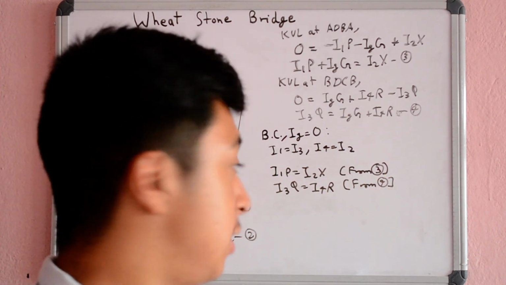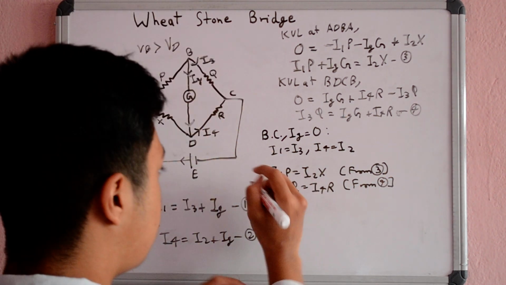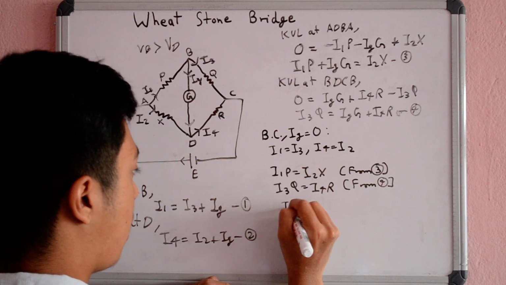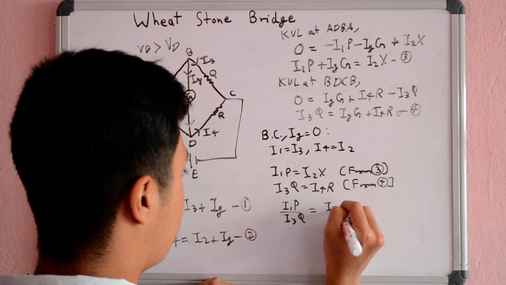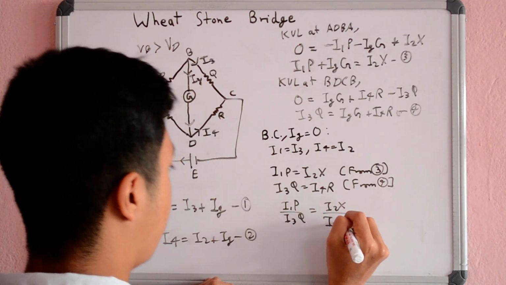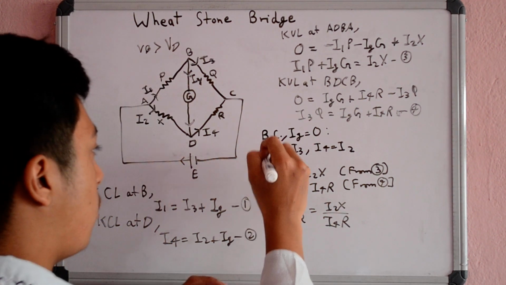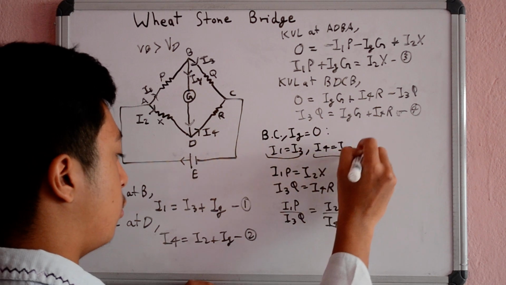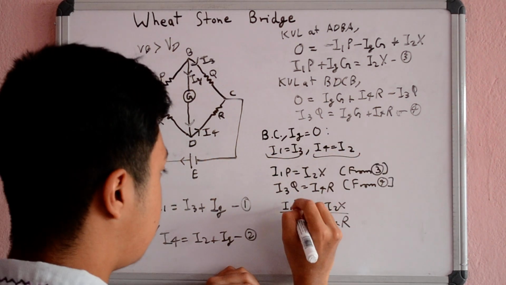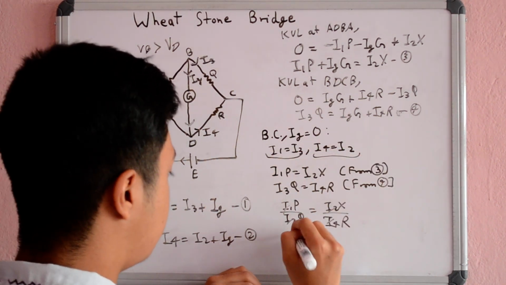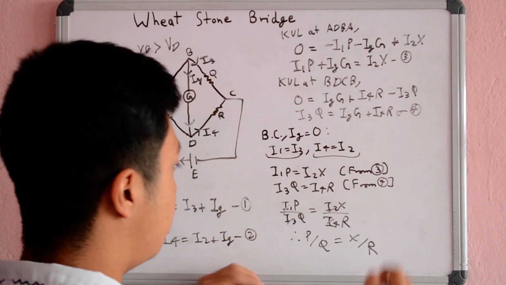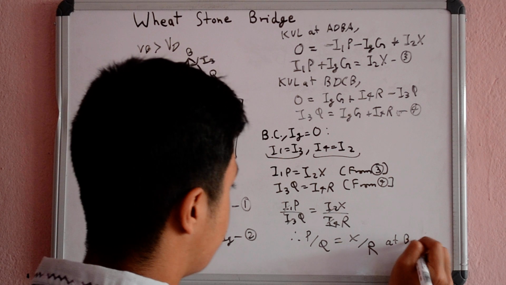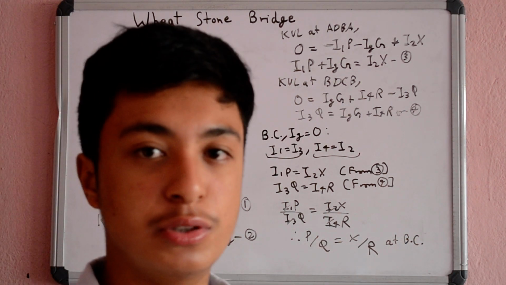Now what we'll do is simply divide this by that. So that means we get I1P by I3Q is equal to I2X by I4R. Now using I1 equals I3 and I4 equals I2, we can see that these two cancel and these two cancel. Therefore we have P by Q is equal to X by R at balanced condition. This is the principle of the Wheatstone bridge.